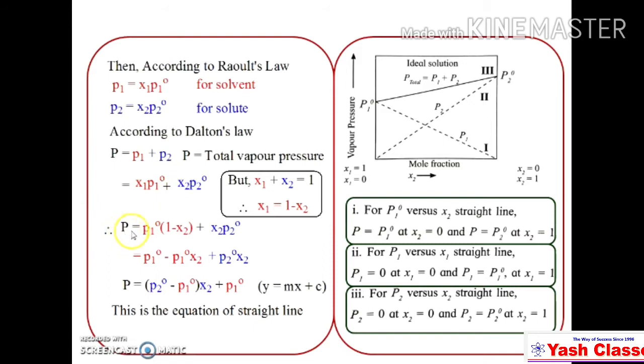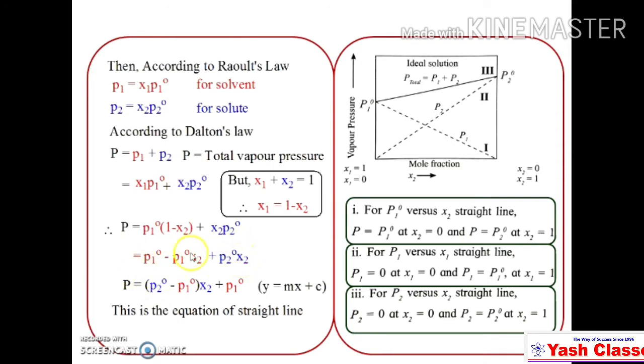So we get total pressure equal to P1 0 into 1 minus x2, plus the right side term, which is the same, that is x2 into P2 0. When we simplify this, it becomes P1 0 minus P1 0 x2 plus P2 0 x2.